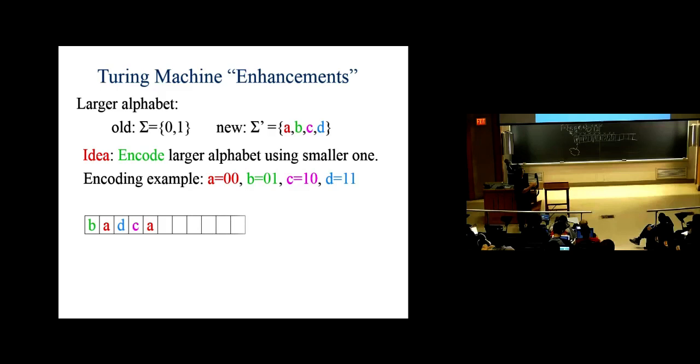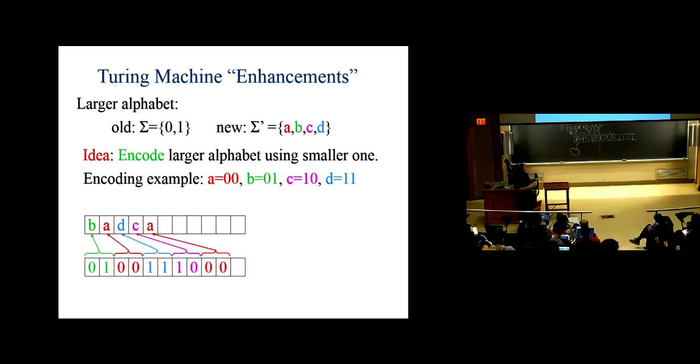On the tape of the simulated machine, if you have a B and an A and a D and a C and an A in this larger alphabet, then on the new machine with a two-letter alphabet, you can have groups of two characters where 0, 1 represents a B, and 0, 0 represents an A, and so on. So the new machine with two characters can do the exact same thing that the bigger machine with a 4-character alphabet can do, by a straight simulation.